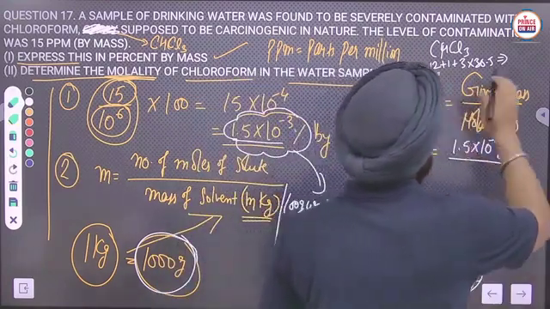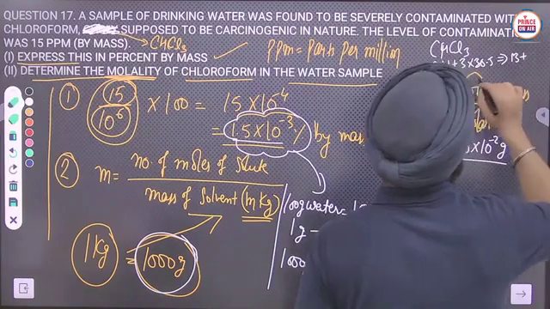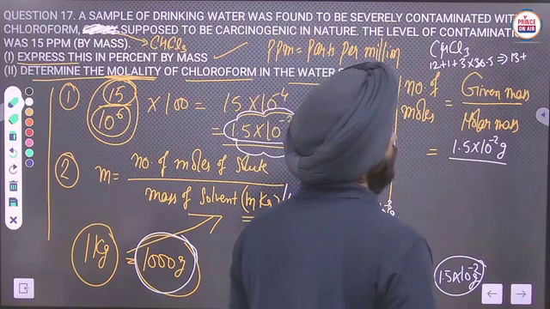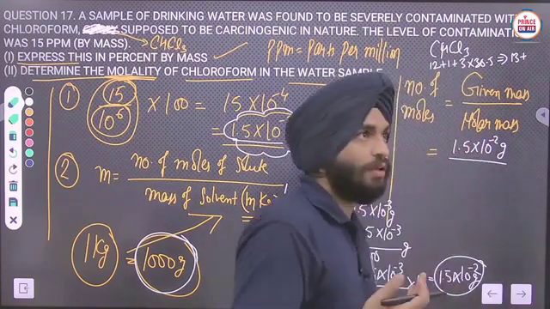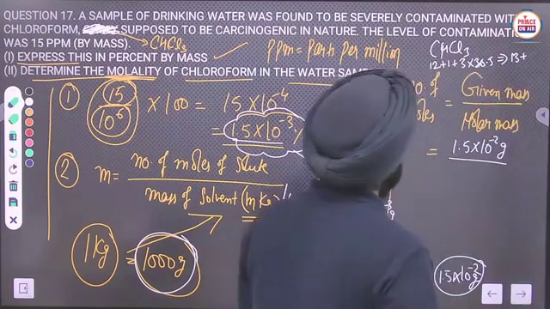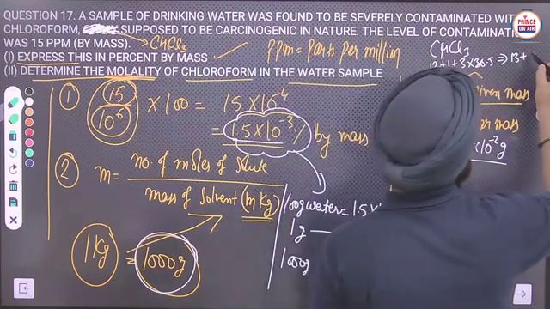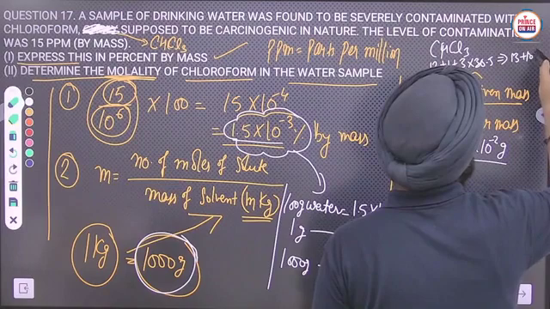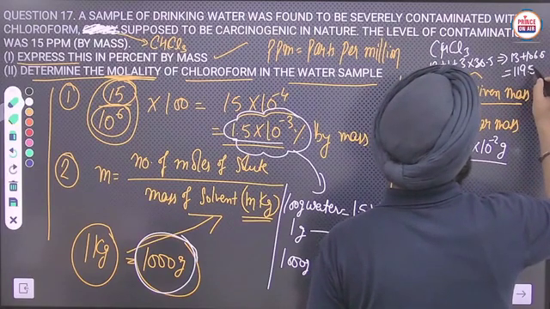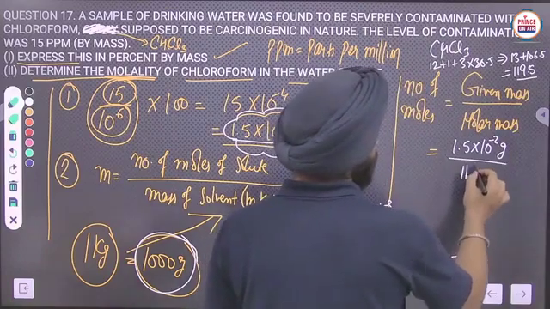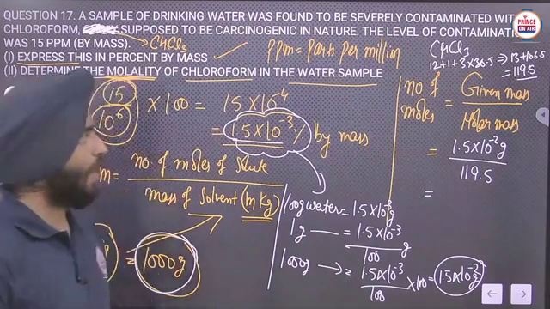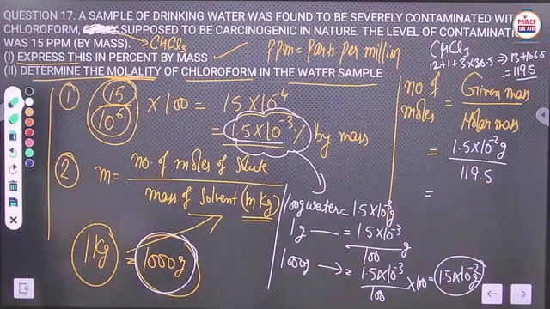So one second, 35.5 into 3 will be 106.5, and 12 plus 1 is 13, so it will come out to be 119.5. Okay, 119.5. So just solve this value, and in that way you will get the number of moles.